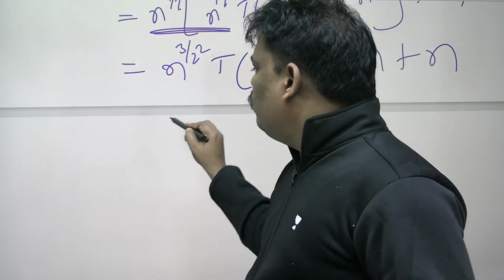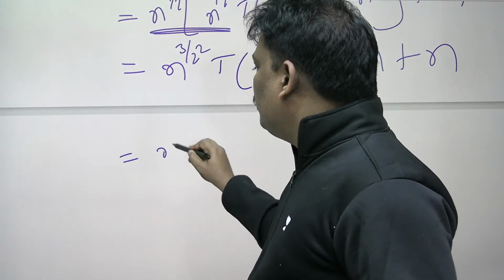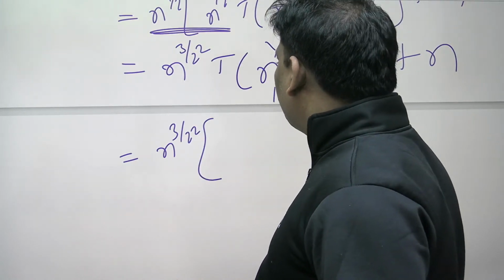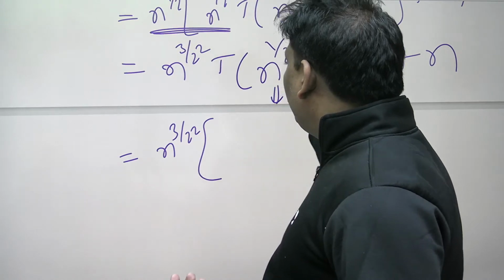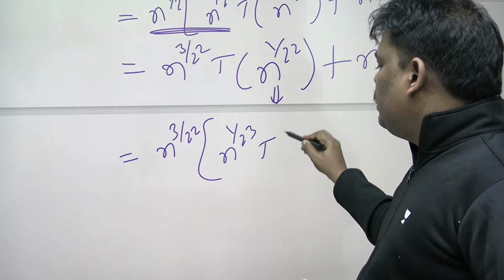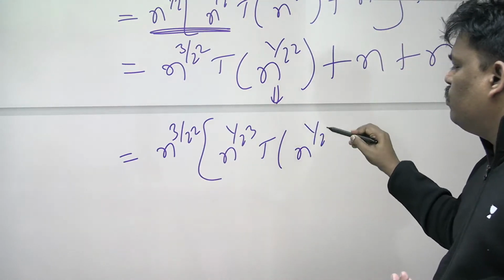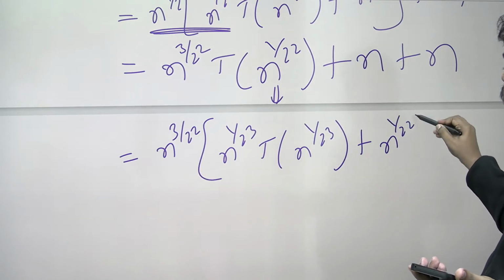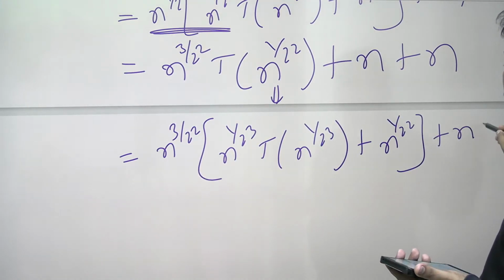Next one. If I do one more time, listen. If I do one more time, n power 3 by 2 square outside, this one expand. Then it becomes whatever is there, root: n power 1 by 2 cube, T n power 1 by 2 cube, plus whatever is there as it is. Outside anyhow 2 n's are there.